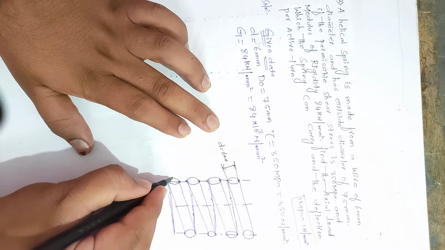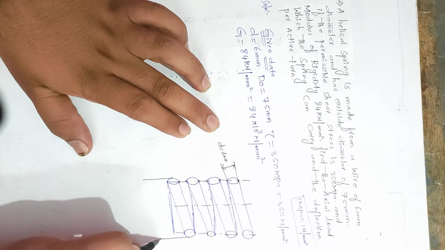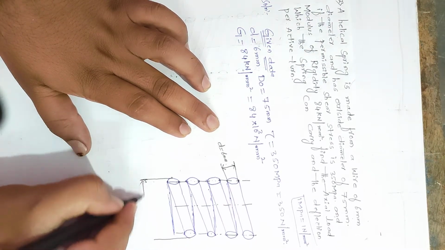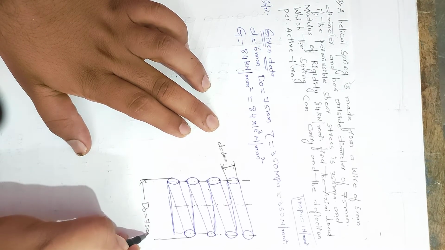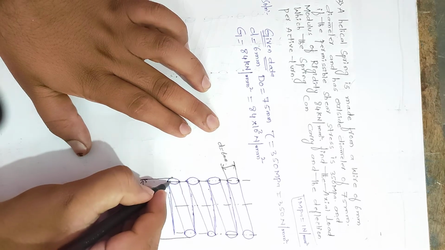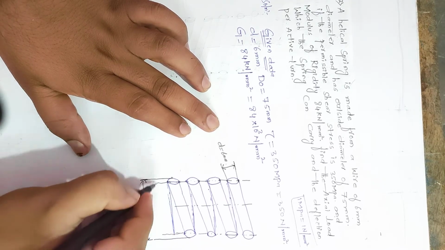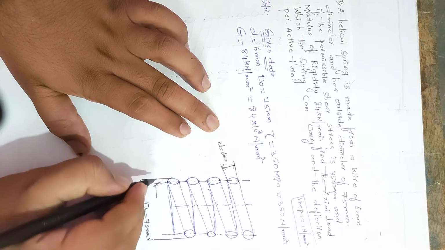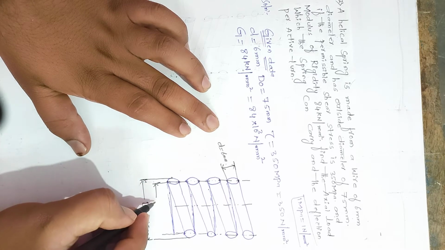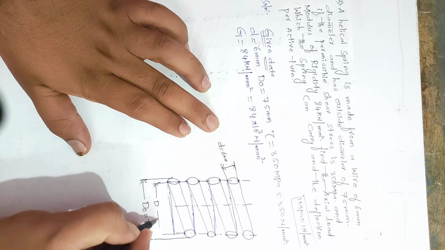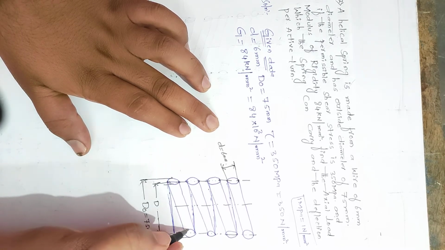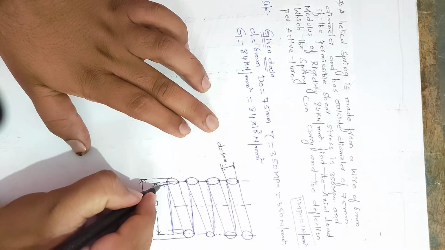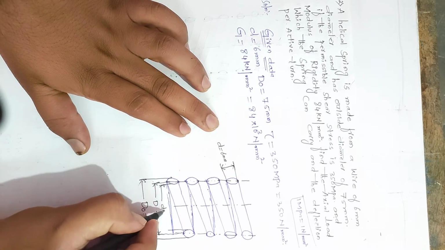This portion is the outside diameter, represented by Do, 75. Then the mean diameter, represented by capital D, we need to find out, as well as the inside diameter, represented by Di.